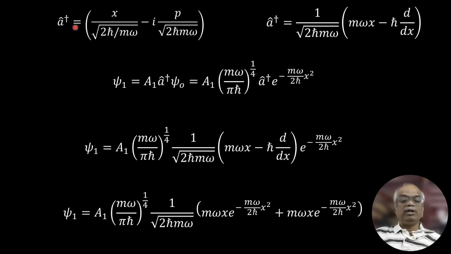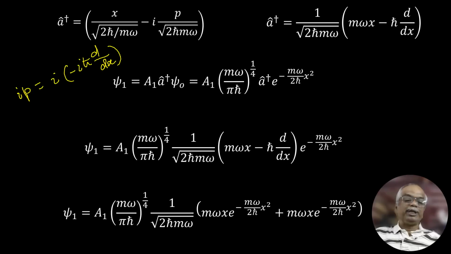Now we have to find the first excited state, for which we need the creation operator. This is the creation operator. You do exactly what you have done for the annihilation operator and replace this p. p is equal to, if you replace it by its operator, minus i h cross d by dx.